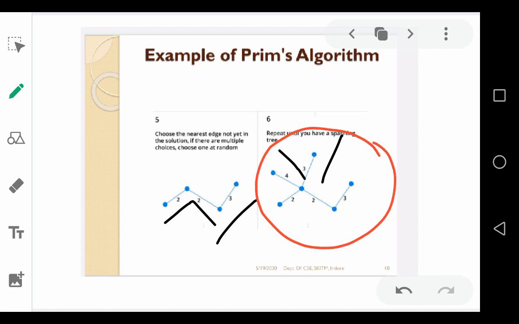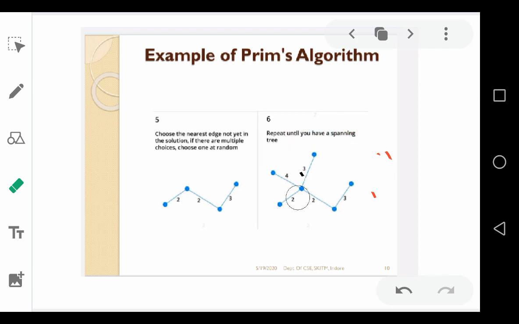So what we got, in simple words, is the minimum spanning tree. A minimum spanning tree is a tree which contains all the vertices of a graph without a circuit, and has the minimum or smallest weight.